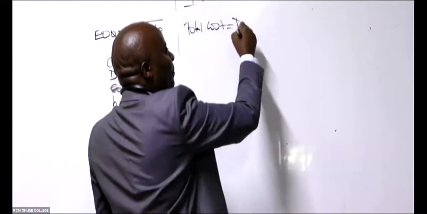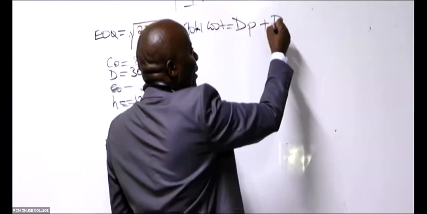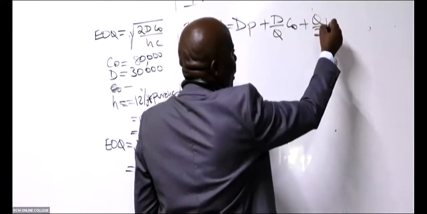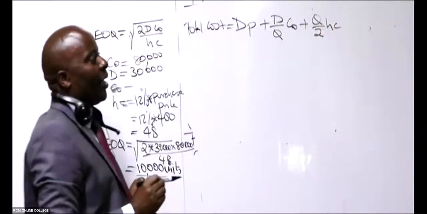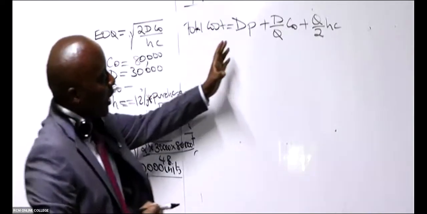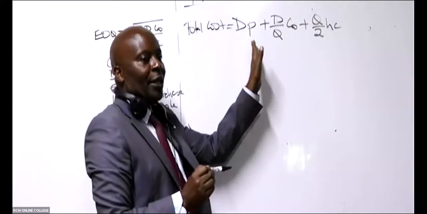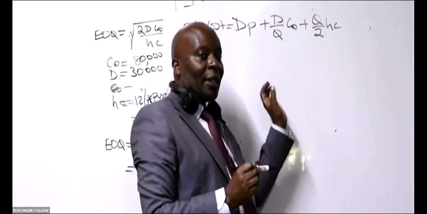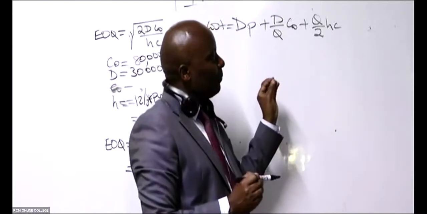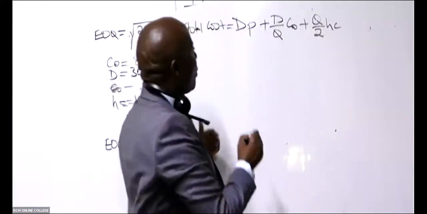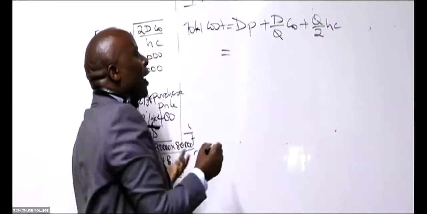So you take DP plus D over Q, CO, plus Q over 2, HC. Total cost equals annual demand times price per unit, plus annual demand divided by the EOQ you have gotten, times the cost per order, plus that EOQ divided by 2 times HC. So in this particular case, what is the annual demand?